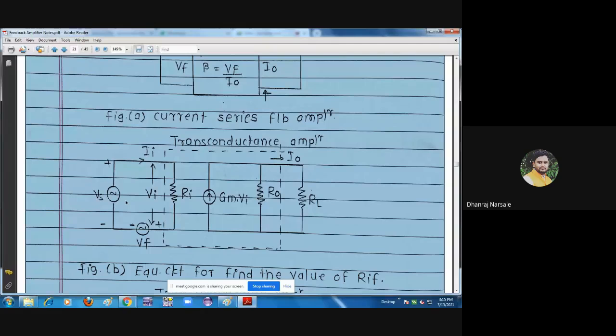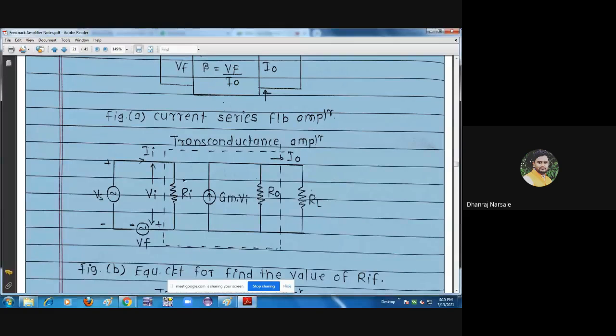This loop, apply KVL to it. So if I apply KVL, what equation will come? By applying Kirchhoff's voltage law to this input side loop, going from minus to plus VS, it becomes minus VS.